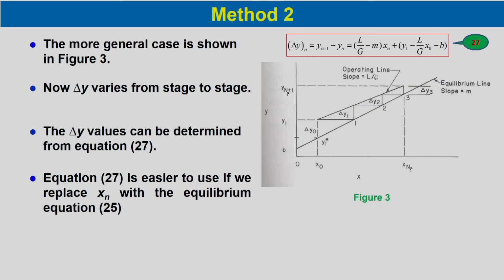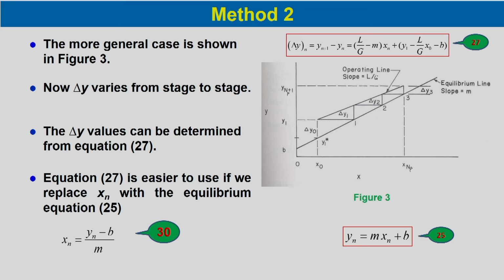Equation 27 is easier to use if we replace x n with the equilibrium relation. Here y n equals m x n plus b, so x n would be y n minus b by m.